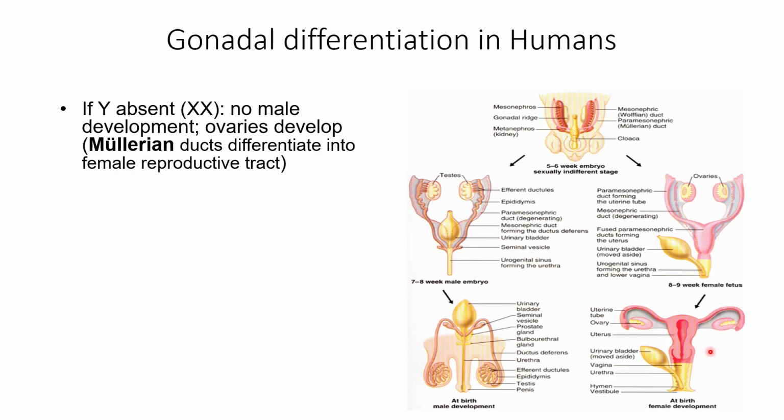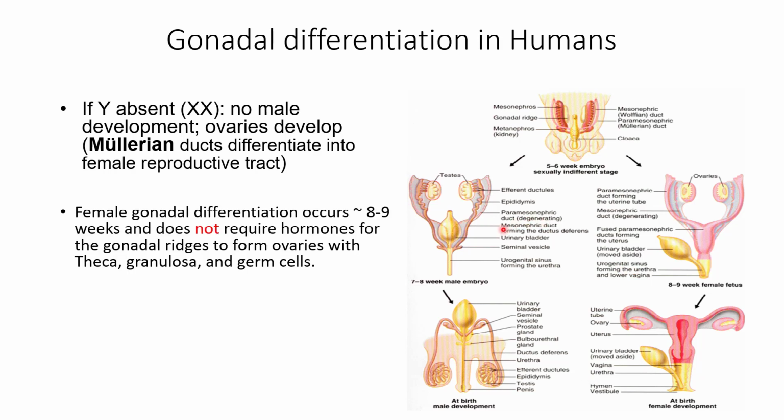Likewise, as these develop, the Wolffian ducts are going to start to atrophy. There are no hormones required for this to start growing, unlike, say, the testes, which need that testosterone and that TDF.